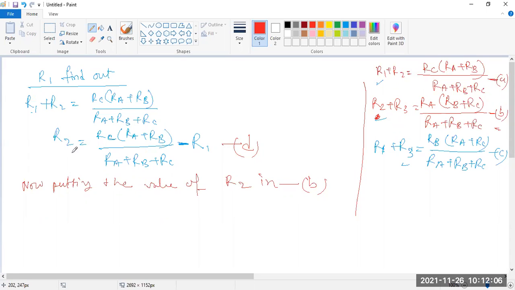Just put the value of R2 over here, so we get this value RC into RA plus RB divided by RA plus RB plus RC and minus R1.